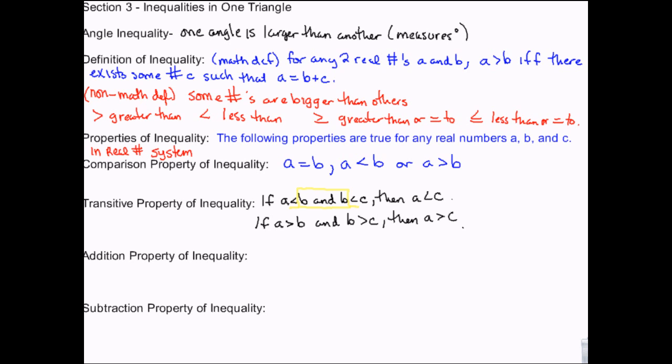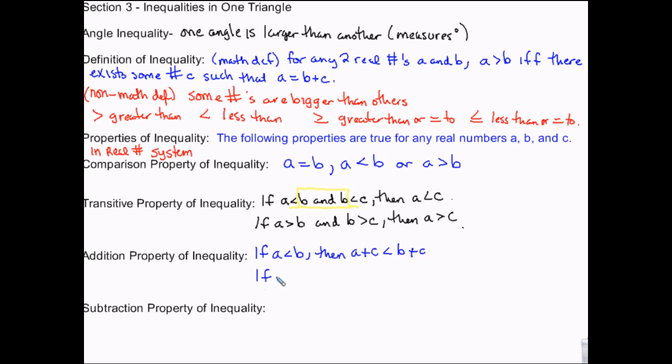And then we have addition property, which says if A is less than B, then A plus C is less than B plus C. So I can add the same thing to both sides, and it doesn't change the equality or lack of.